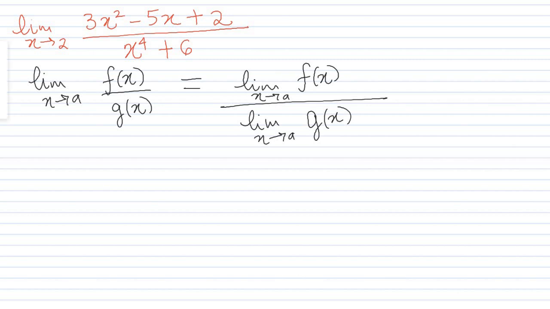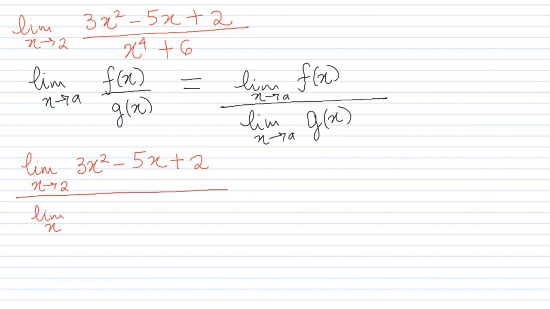Now we're going to apply the understanding of the general formula to our actual question. So here we're going to end up with the limit as x goes to 2 of 3x squared minus 5x plus 2 divided by the limit as x goes to 2 of x to the 4th plus 6.